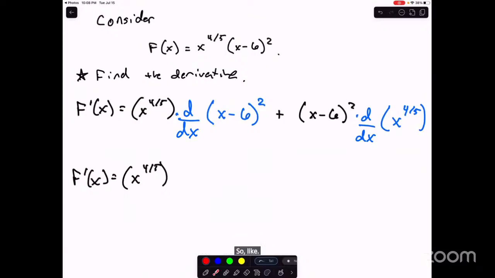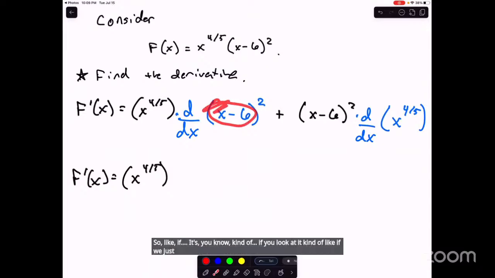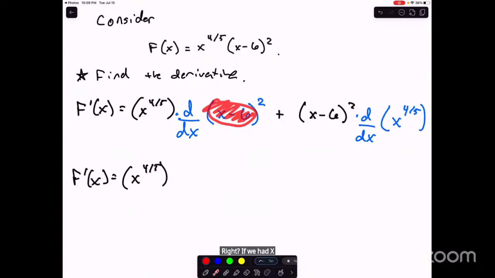So like if we just got something squared, right? If we had x squared, what's the derivative of x squared? The 2 comes down, we subtract 1 from the power, so it would just be 2x. So then this is going to be 2 times that something. Then we got to say times the derivative of the inside function, right? Okay. So here, the 2 comes down, the inside stays as is, right?